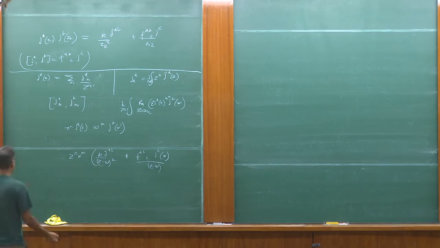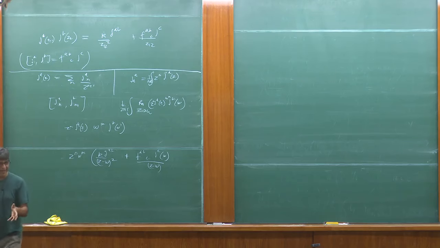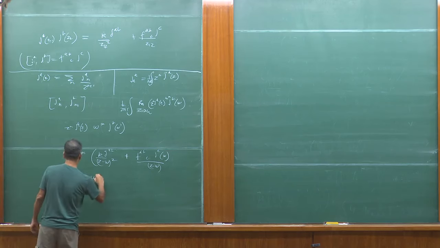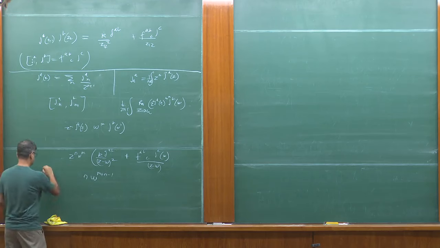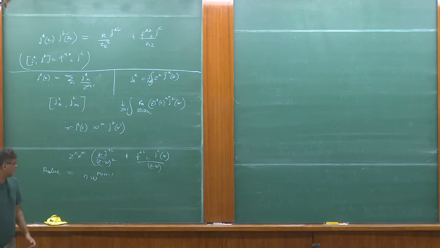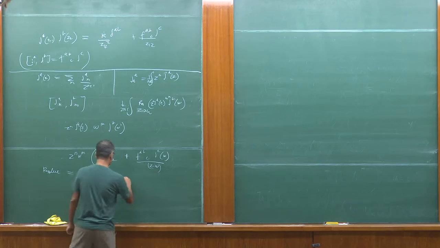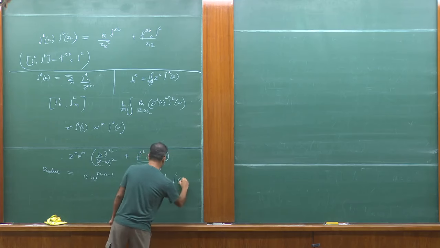In this situation this is a double pole, but if we Taylor expand Z^n around W, we get W^n plus n W^(n-1) times (Z minus W). The Z minus W will cancel, so this term gives n W^(m+n-1). That's the residue from this term. From the other term we don't need to do much because it's already a simple pole, so we just set Z equals W, giving W^(n+m) f^ABC J^C(W).